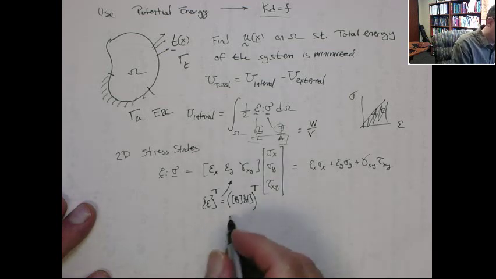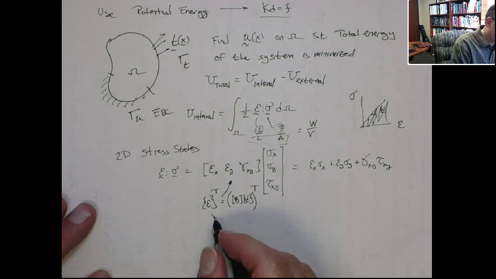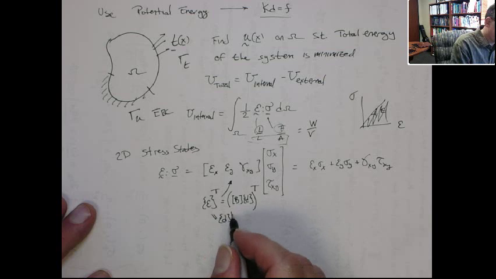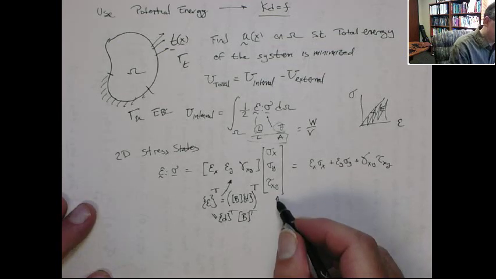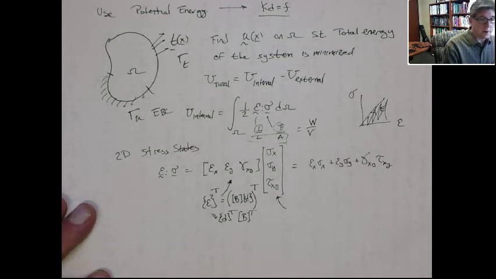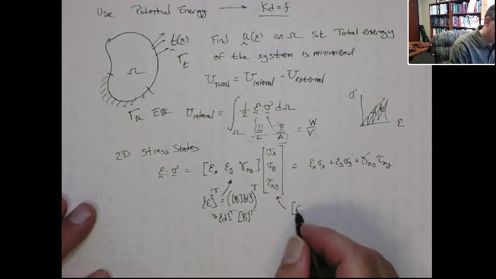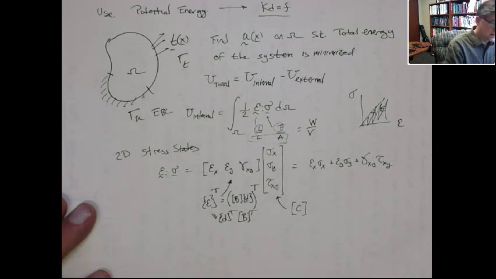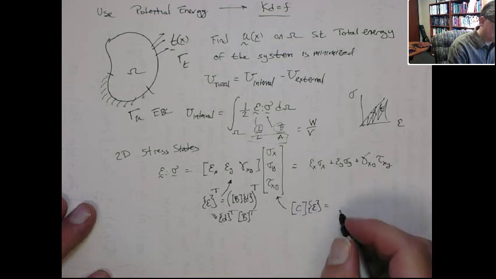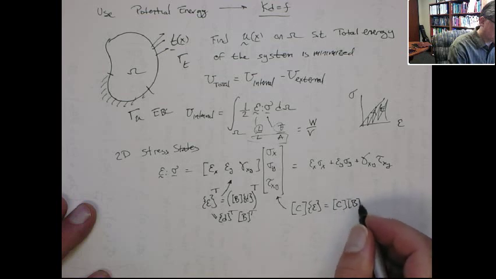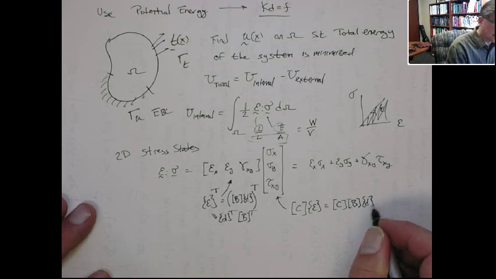So this term here is actually going to just be D transpose, the row vector, times B transpose, okay? Now likewise, this stress in Voigt form we can write as the material stiffness matrix C times the strain, and the strain we can write as B times D. So this gives us C times B times D, if you will.